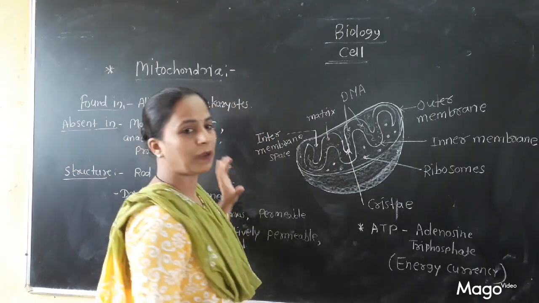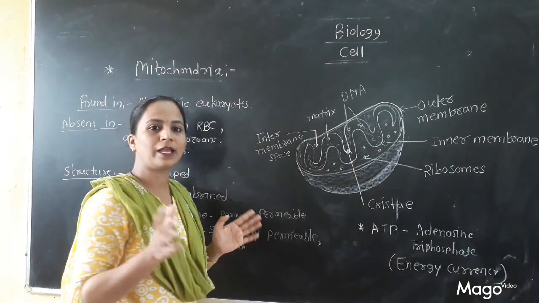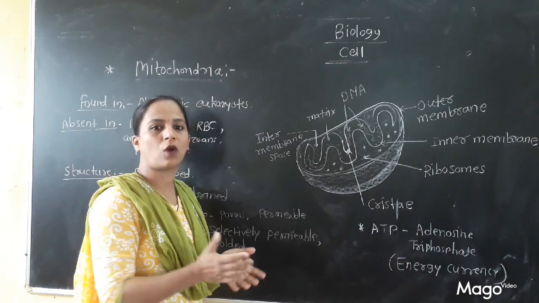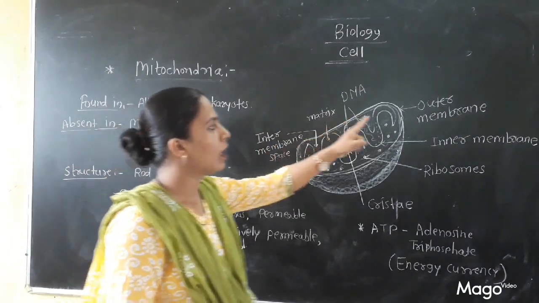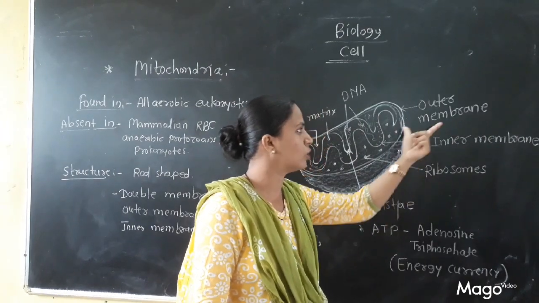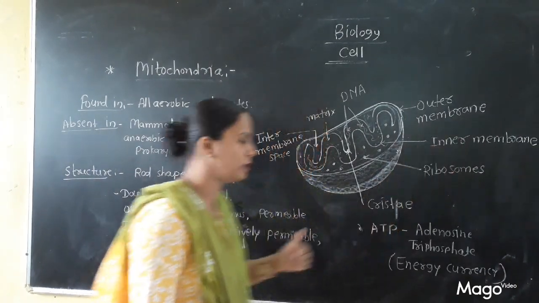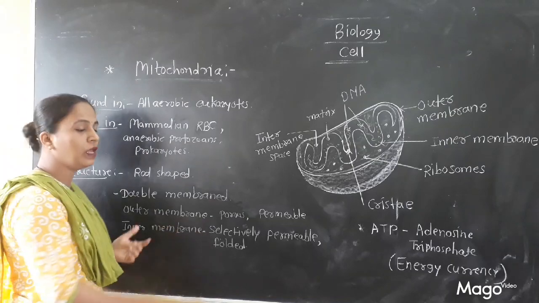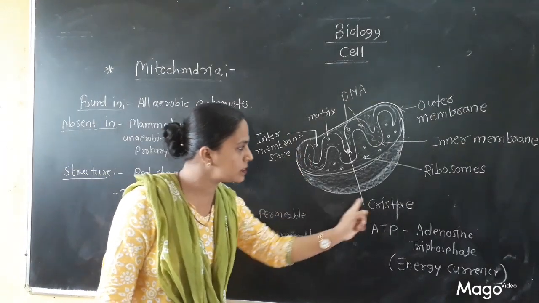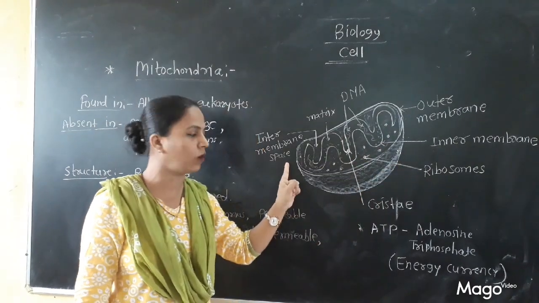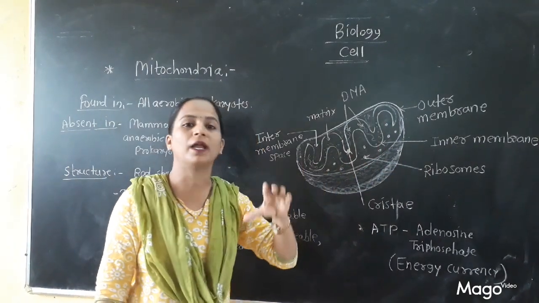So what is the structure of mitochondria? Mitochondria look like a rod, a spherical rod-like shape, and consist of two membranes, the outer membrane and the inner membrane. First we will discuss the outer membrane. The outer membrane is porous. What is meant by porous? This outer membrane has a lot of pores on its surface, and it is permeable.